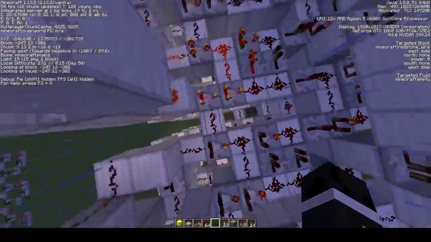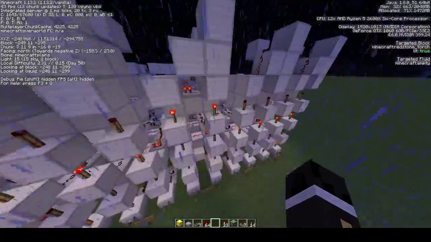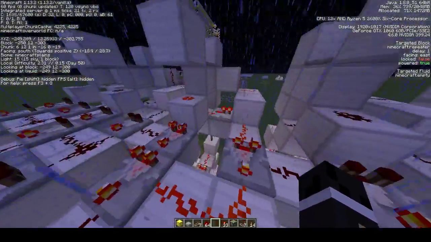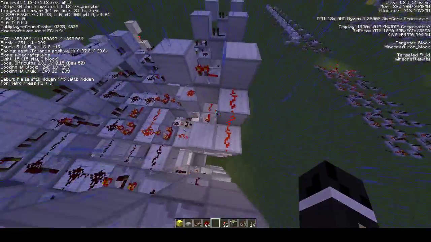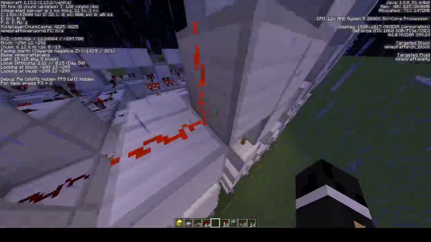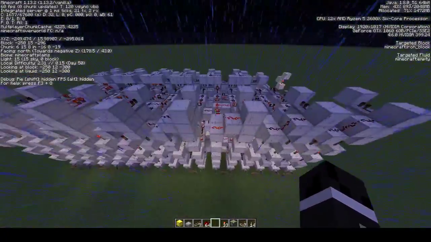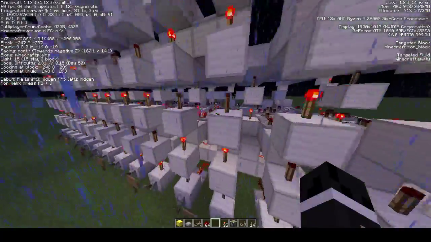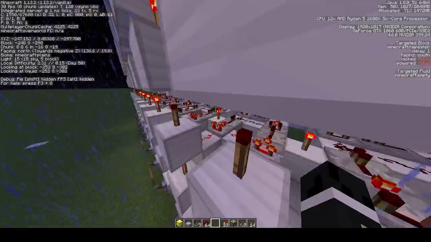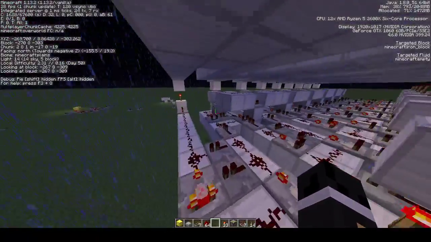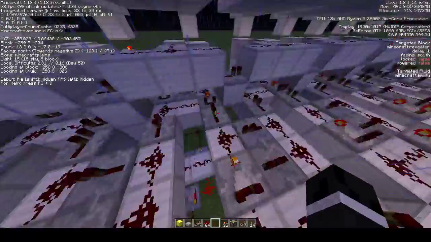Why there's a comparator here, I'll get to in a second. This one over here sends a signal through here, and that sends a signal to the block. The one on the bottom has not been flipped around, so it's the normal subtraction mechanics I have.